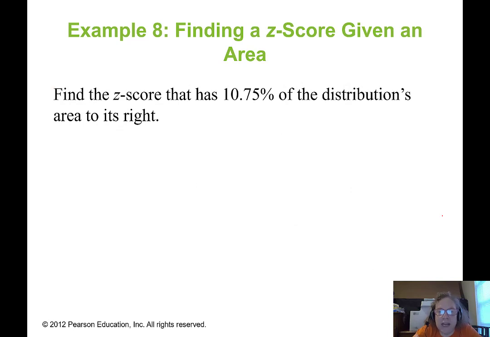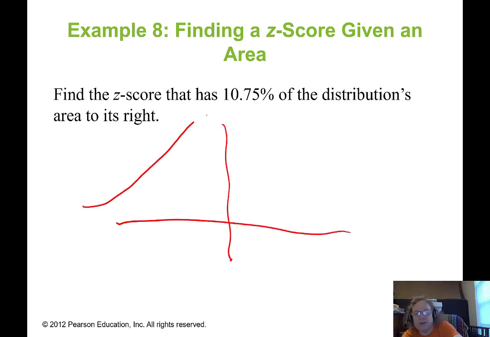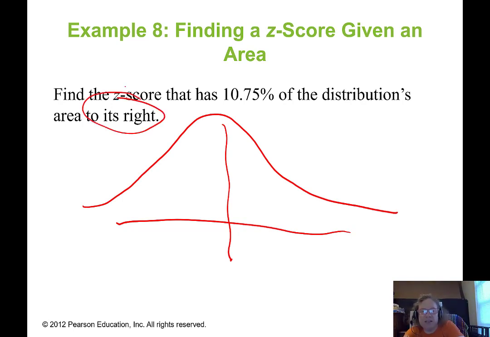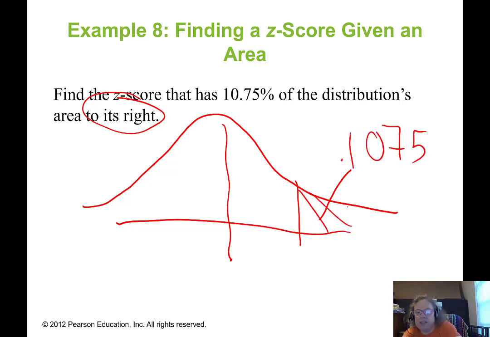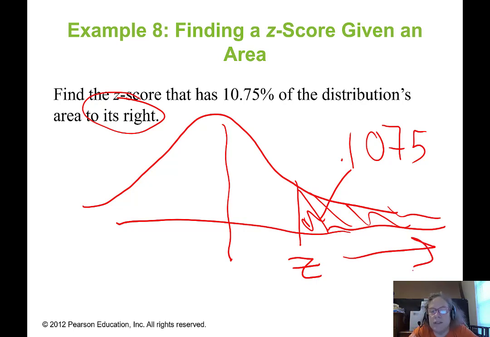All right. Find the z-score that has 10.75% of the distribution's area to its right. So let's draw that so we can see what it would look like. So here's our standard normal distribution, and we're asked to find a z-score that has 0.1075 to its right. That means that the area under the curve from that z-score up is going to be 0.1075.